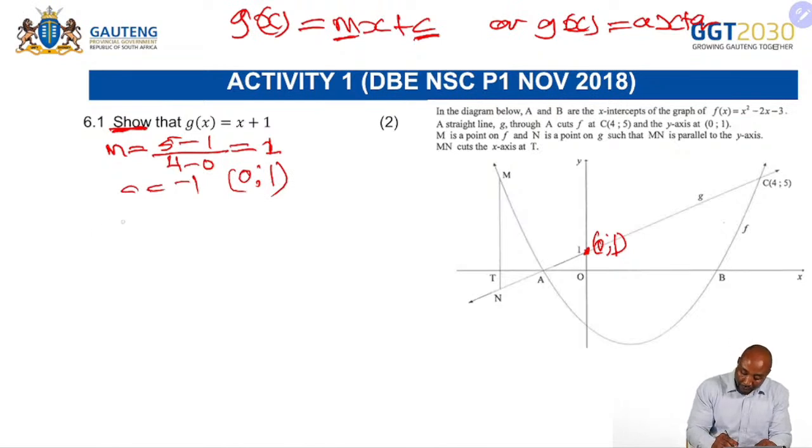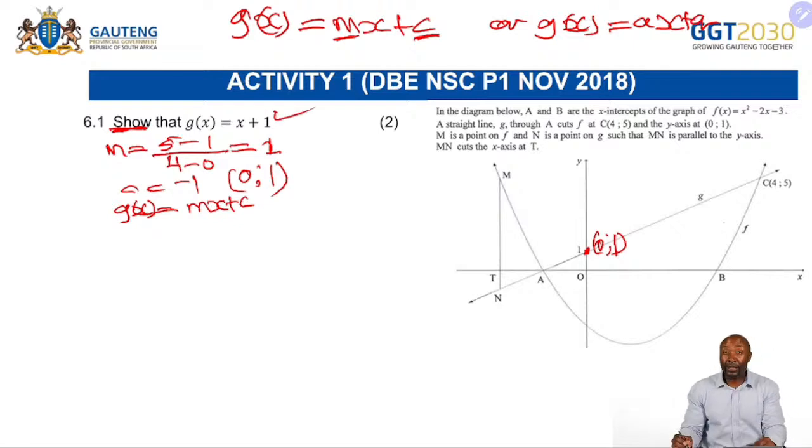Therefore, we are able to get our equation g of x is equal to mx plus c. In place of m, we put our 1, in place of c, we put our 1, and we'll have our equation as such. So we get the mark for the gradient as well as for the value of c, in which case our c is equal to 1. Then we are done. We get our 2 marks.